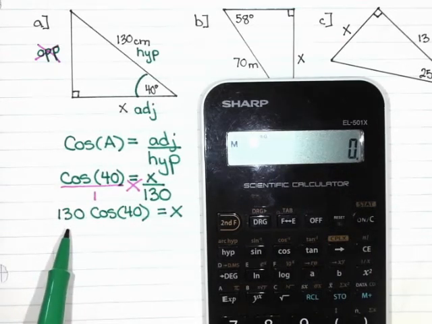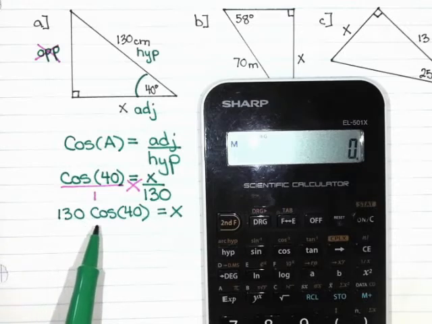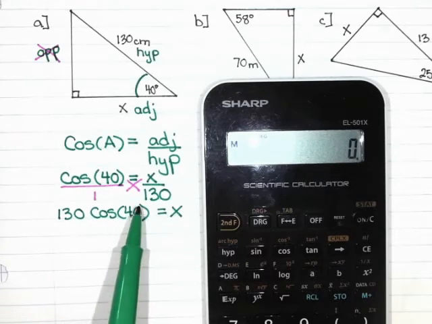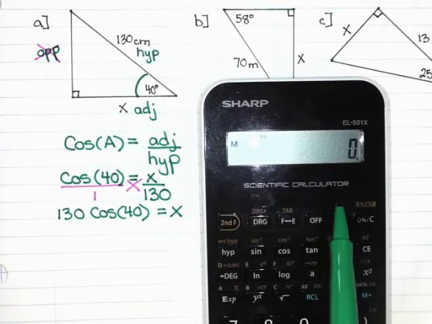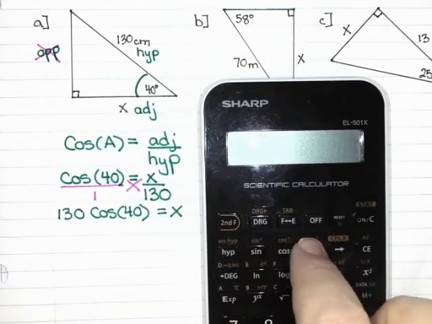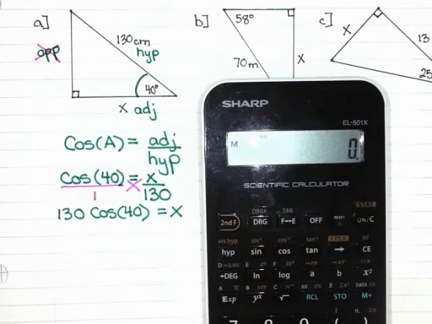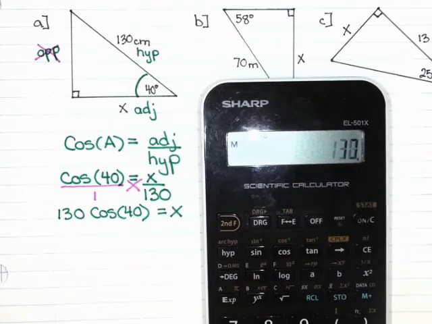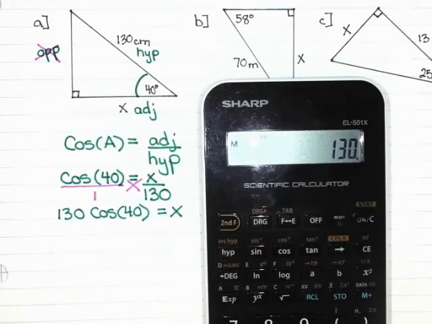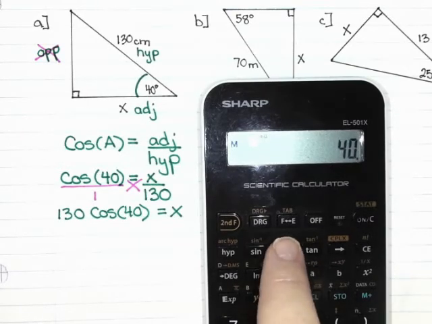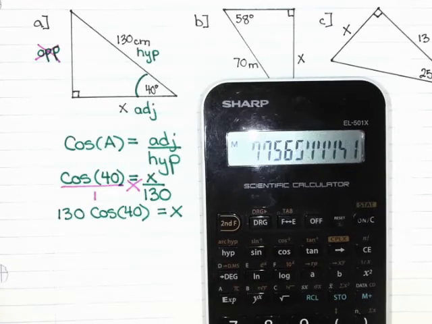You would do 130 times cosine 40 equals. That's all you have to do. But on my calculator, when I press sine, cos, and tan, I don't actually see the words show up. So I have to do 130 times, and then I do 40, and then I press the cosine button, and then equals.